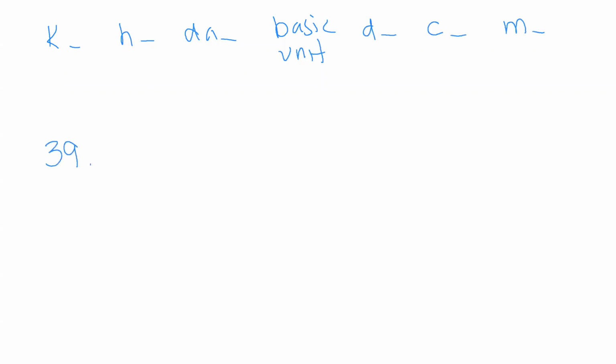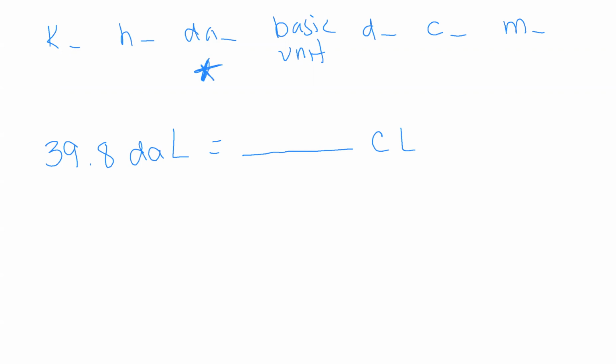Let's say that we have, let's go ahead and put our little key up here. Let's say I have 39.8 decaliters. Let me fix that, that looks ugly. And let's say I want to convert it to centiliters. All right. So decaliters is right here. The abbreviation for deca is DA.